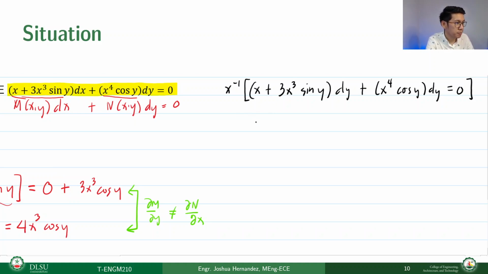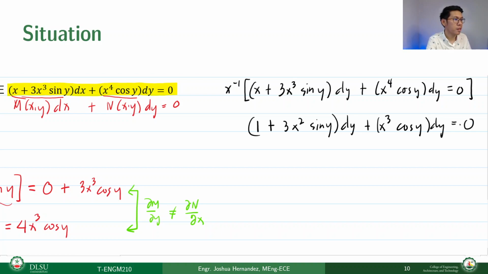We're going to get (1 plus 3x squared sine y) dx plus x cubed cosine y dy equals 0.